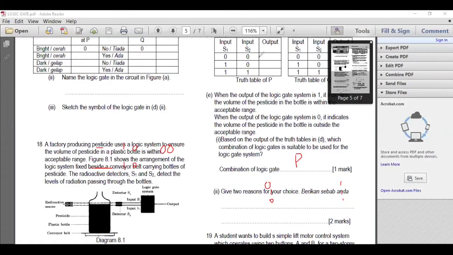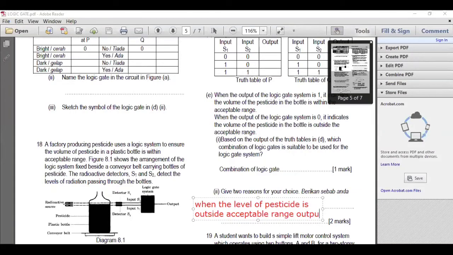Okay, so the reason we can say: when the level of pesticide is outside acceptable range, output logic is 0.